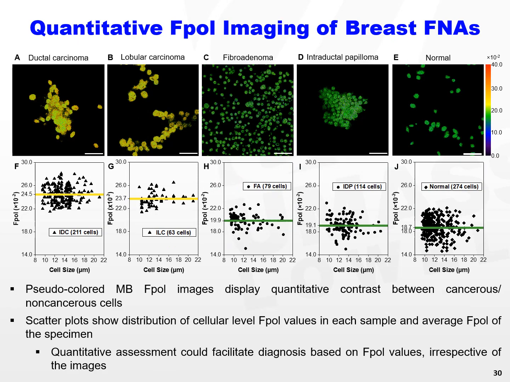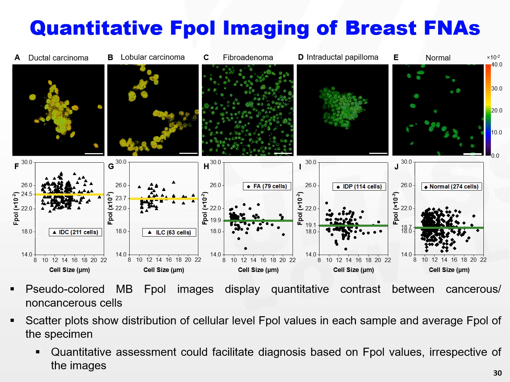This slide shows quantitative assessments of 5 representative samples, one from each histological category. The top row shows fluorescence polarization images that have been pseudo-colored on the basis of pixel intensity value to display the magnitude of the fluorescence polarization signal as given by the color bar, where black represents a value of 0 and red represents a value of 0.4.